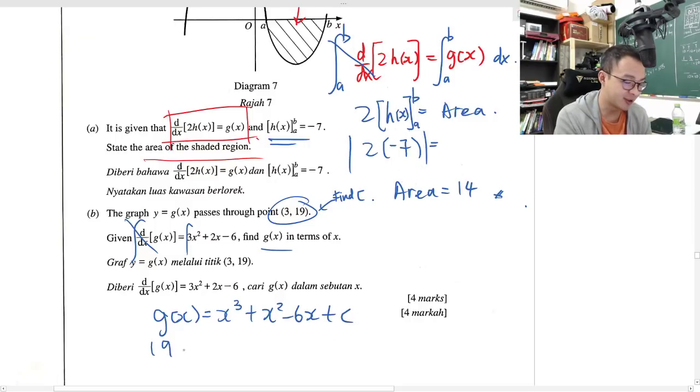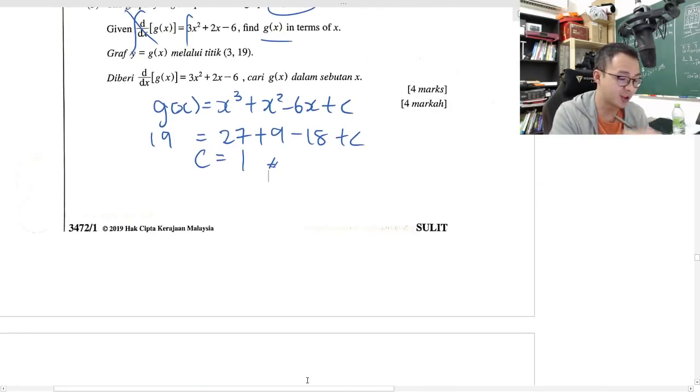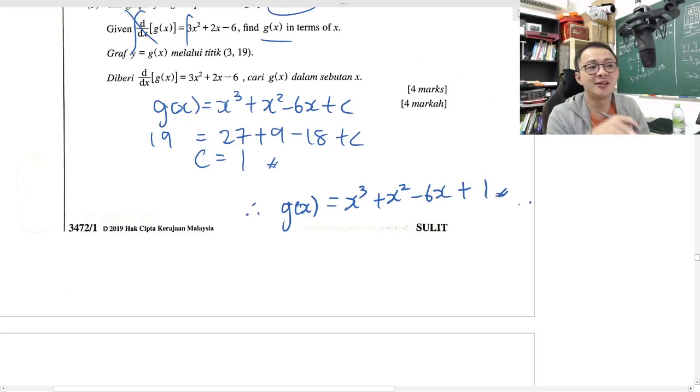Then it gives us the point (3, 19). I substitute in: 9 minus 18 plus c, so c should be 1. I rewrite the whole equation, so g(x) is x cubed plus x squared minus 6x plus 1. This is how we solve this kind of question.